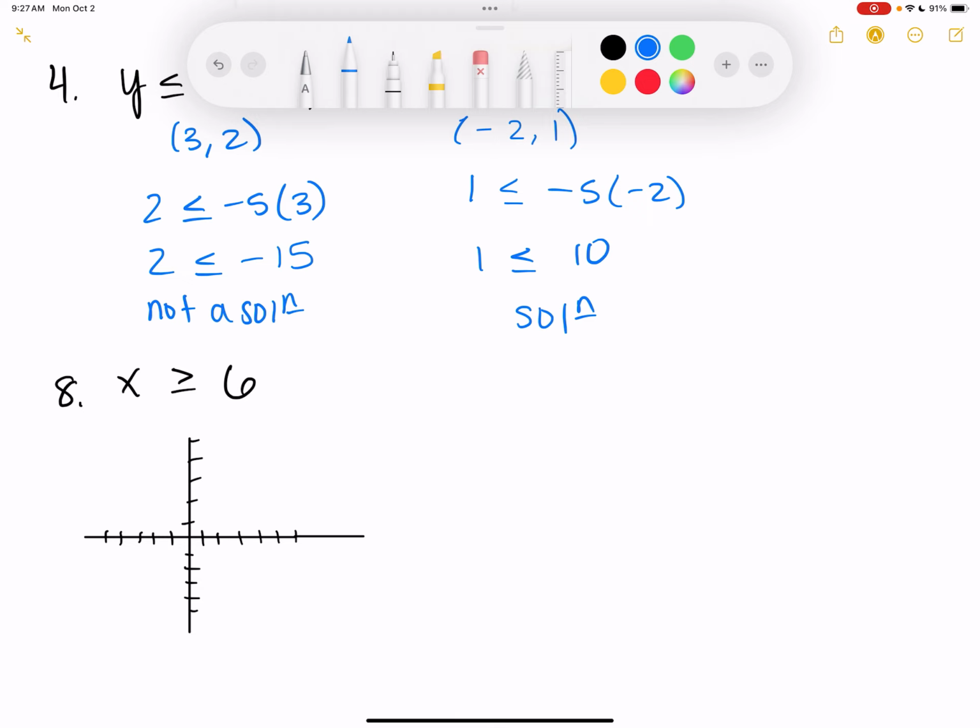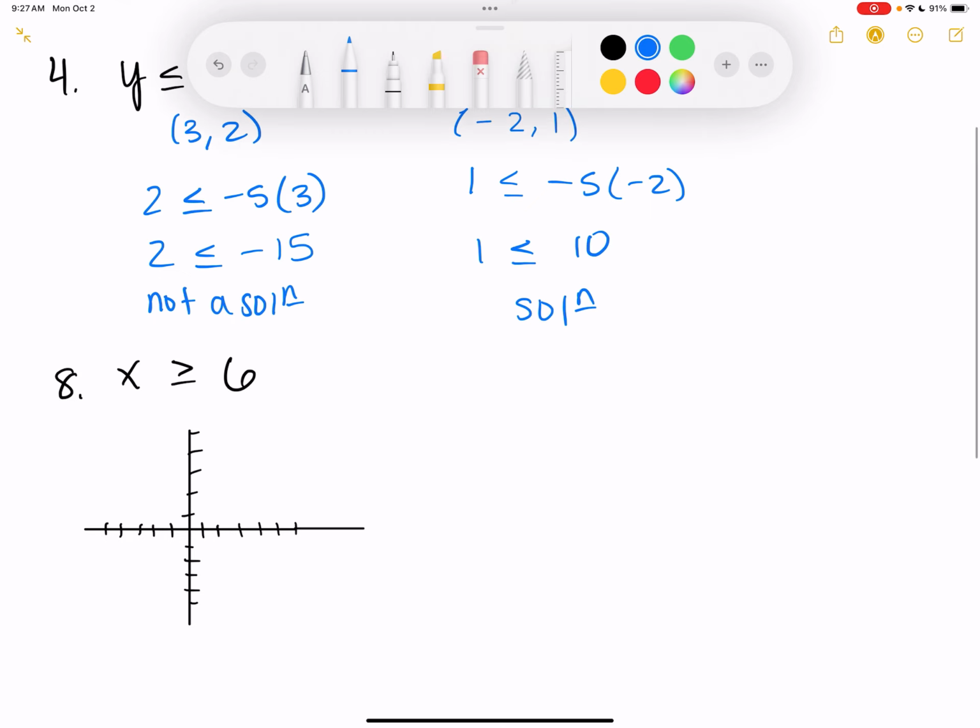All right, so where would this be? How would I graph just x is equal to 6? Disregard the sign at the moment. You go on the x-axis and that's 6. So at 6 on the x-axis, so that's here. Apparently I can't draw a straight line. There we go.